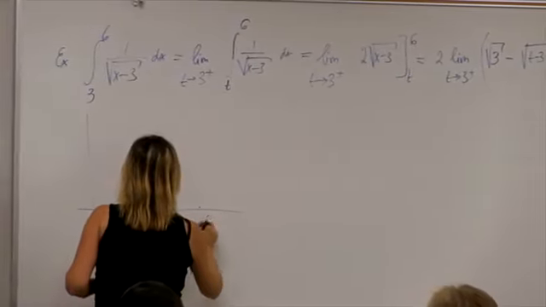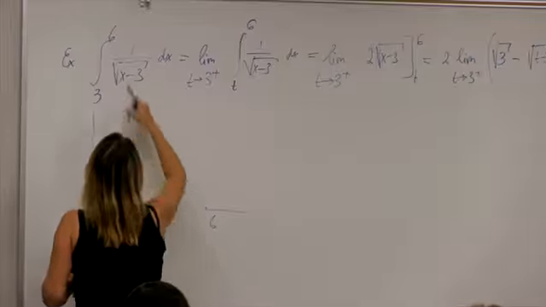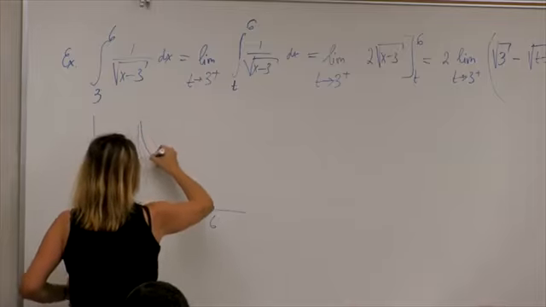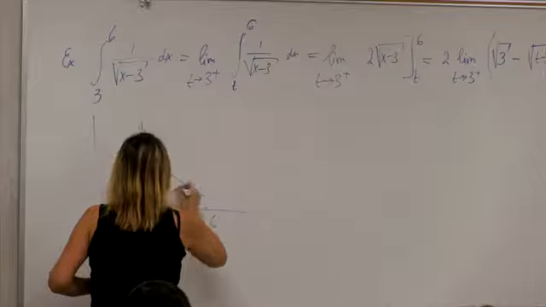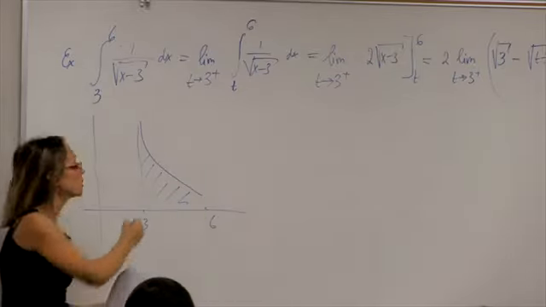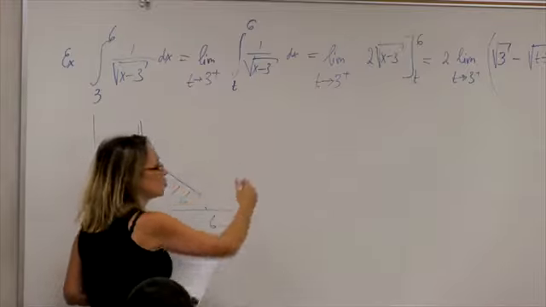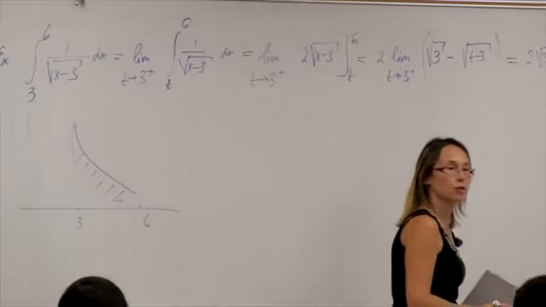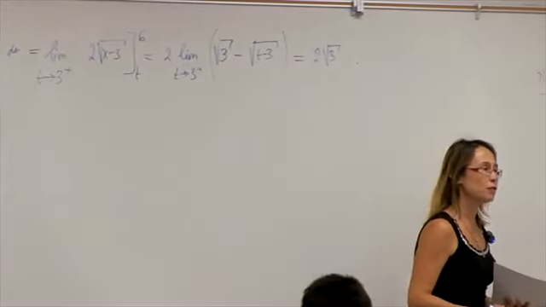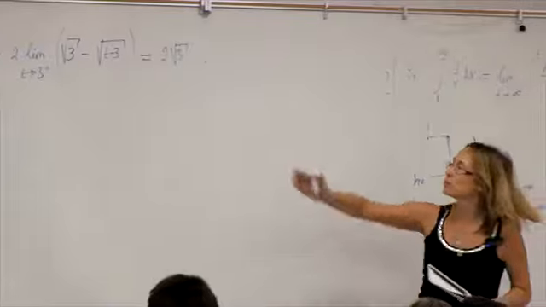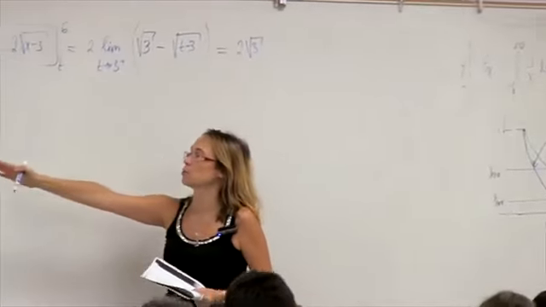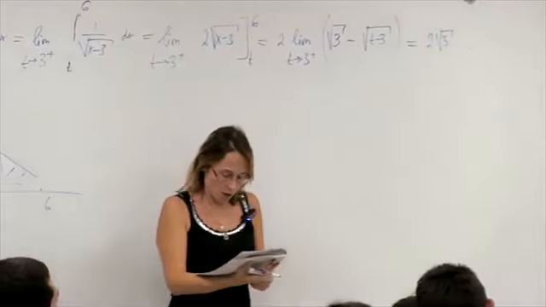This is 3, this is 6, and we have 1 over square root. So in principle, we do have one of these shapes. It does have a vertical asymptote, but it happens to be a convergent integral. And it's difficult to say in advance. We don't know until we take the limit whether it's going to sum up or not.